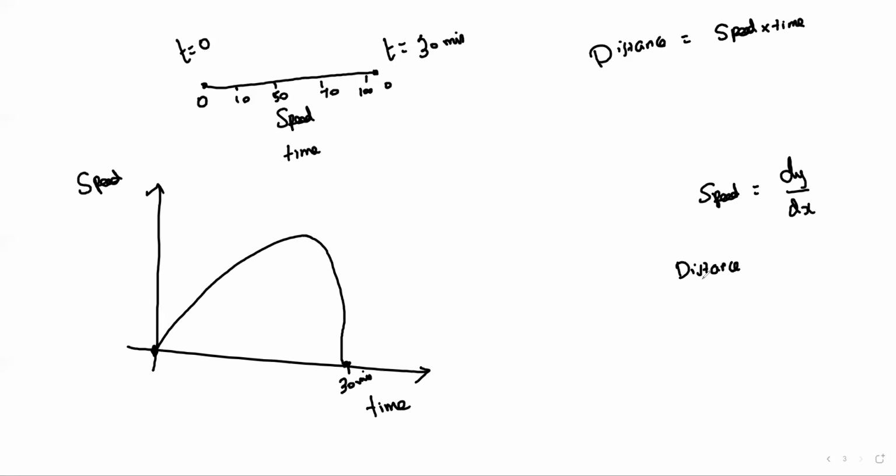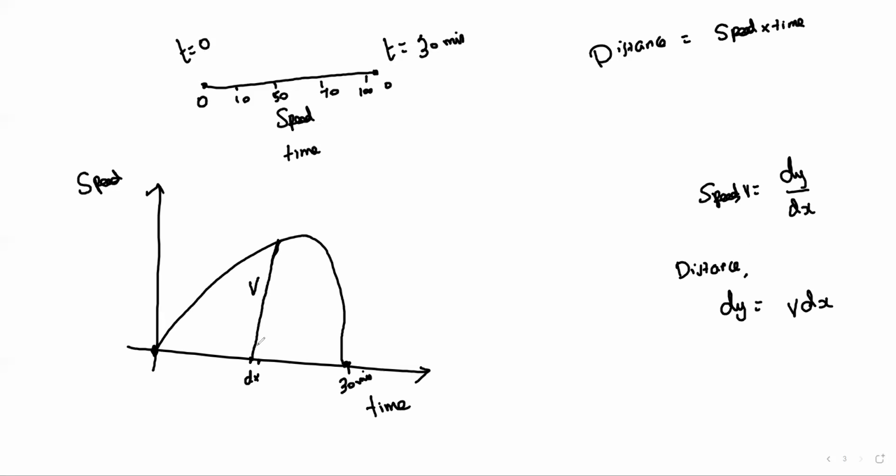So what do I have to take? Here, if I want to find dy, I can put speed equal to v into dx. What is the meaning of that? For a small time, let me assume the small time dx. At that small time, the speed you traveled is v.